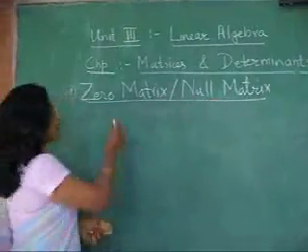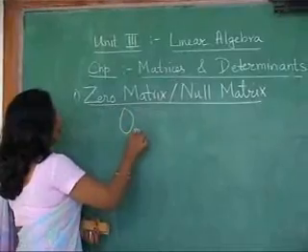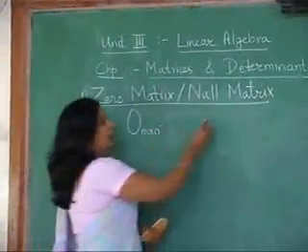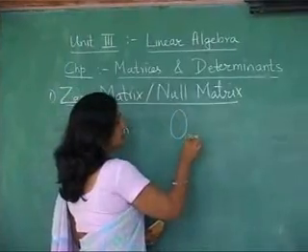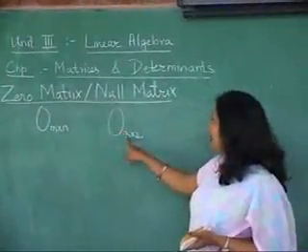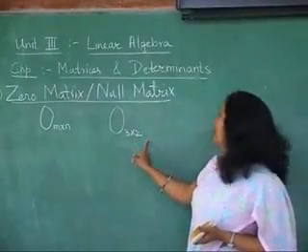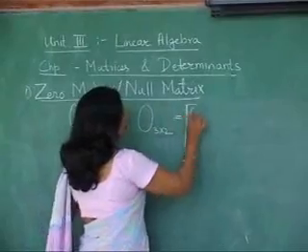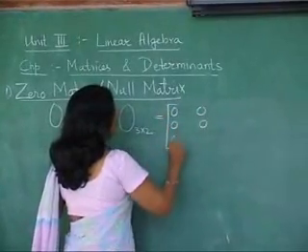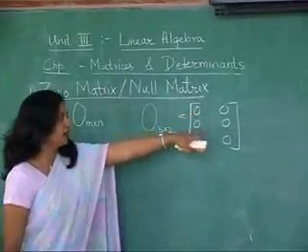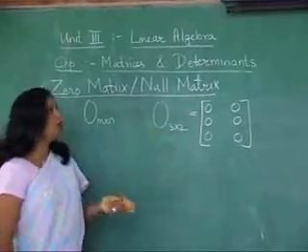And the zero matrix of order m by n is denoted by capital O m by n. Thus, if I am looking at the zero matrix capital O 3 by 2, this is a matrix with 3 rows and 2 columns, and every entry of this matrix is 0. So it's going to look like a 3 by 2 matrix with 3 rows, 2 columns, and every entry in this matrix is 0.